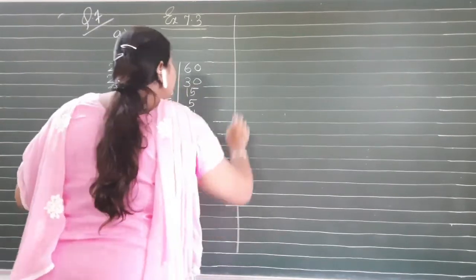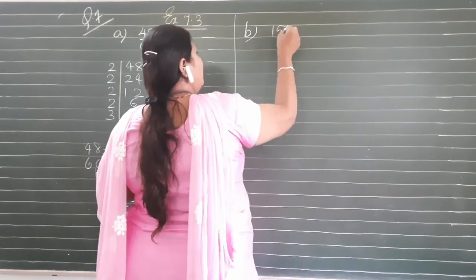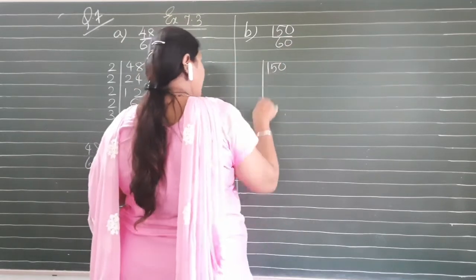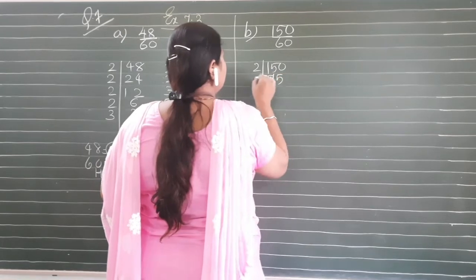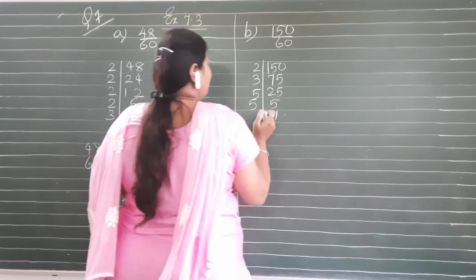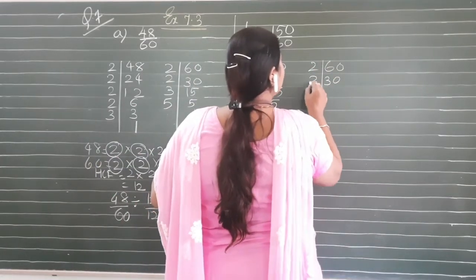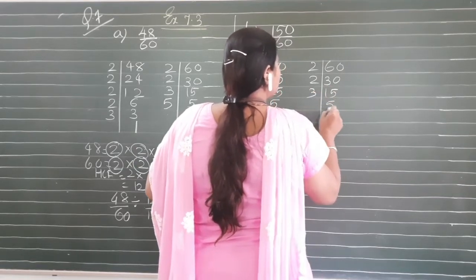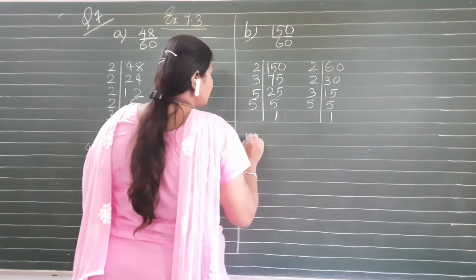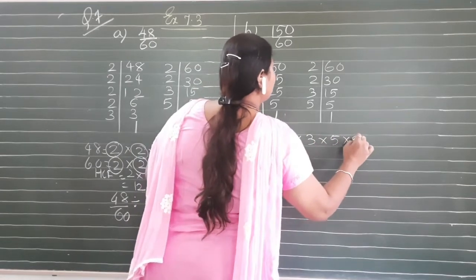Let's see sum number B, 150 upon 60. Same way, first we will find out the HCF. 150: 2, 75; 3, 25; 5, 5; 5, 1. So the prime factors are 2 into 3 into 5 into 5.